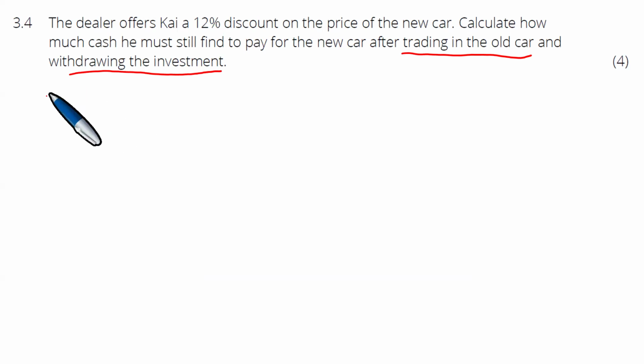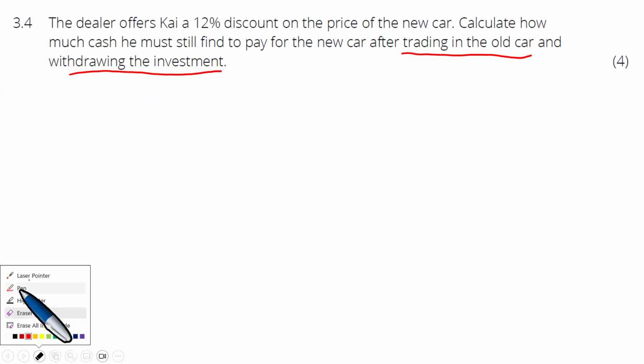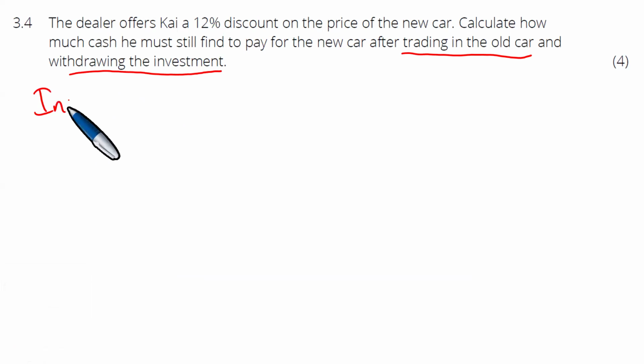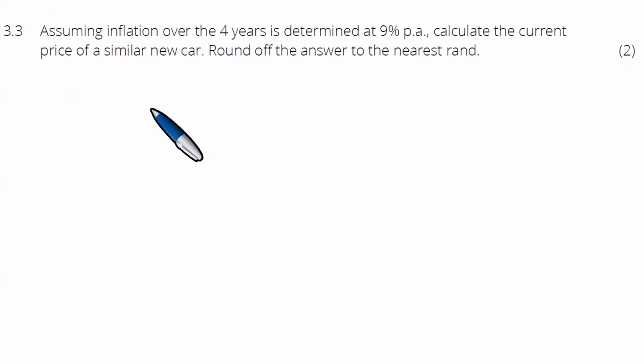So the investment was 60,000 was invested. And we did that one. Maybe let me just save time and write here that we actually dealt with the investment. Okay, we dealt with the investment.